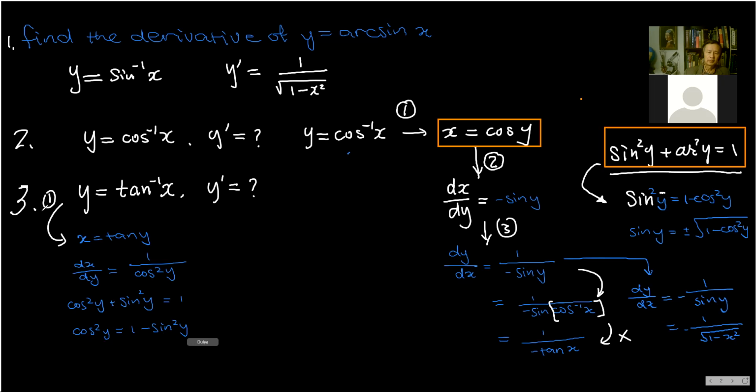Okay. So what can we do next? We have to rewrite this function in terms of tangent. What can we do? Sine, cosine square in terms of tangent. dx dy.